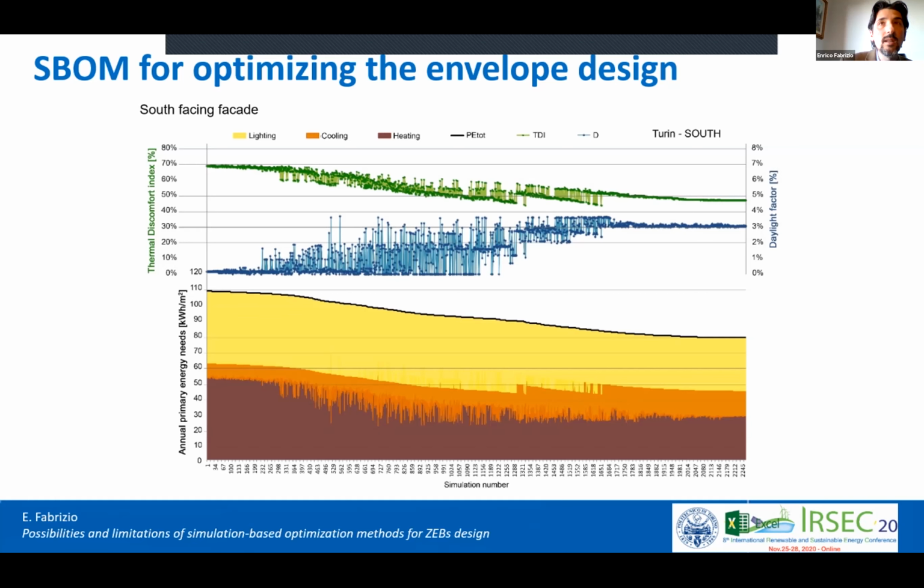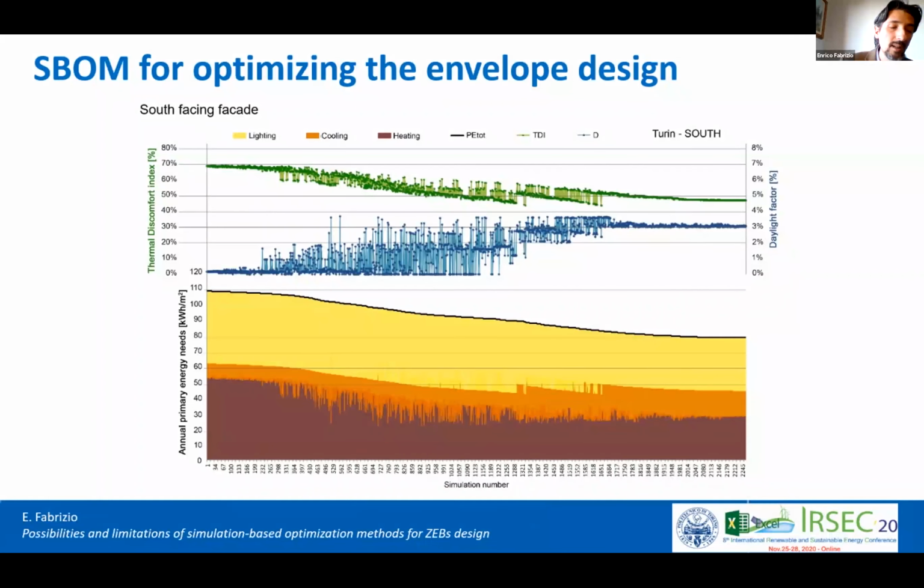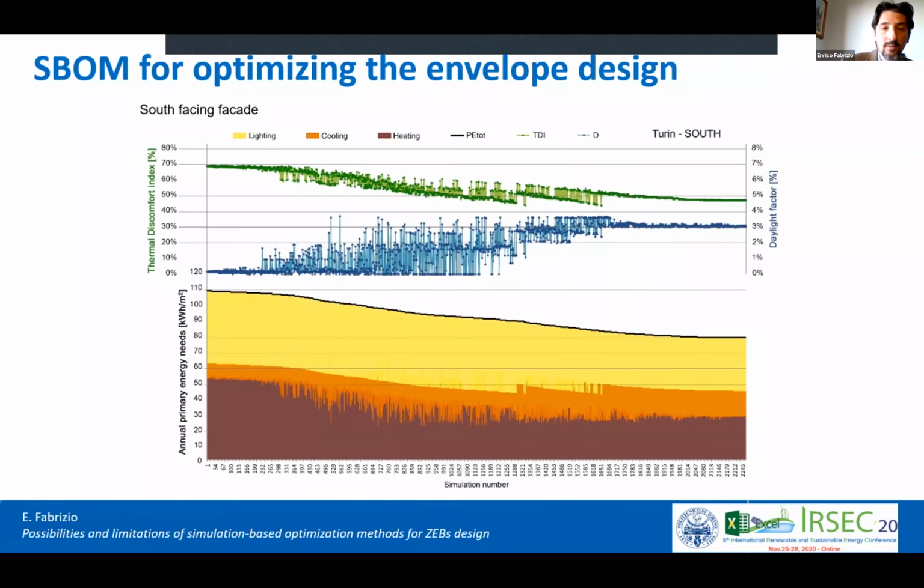So maybe the optimization run takes 5,000 or 10,000 different iterations, but in the end, the unique design solutions are those reported in this slide. On the top, you can see the trend of the order of the daylight factor and of the thermal discomfort index.